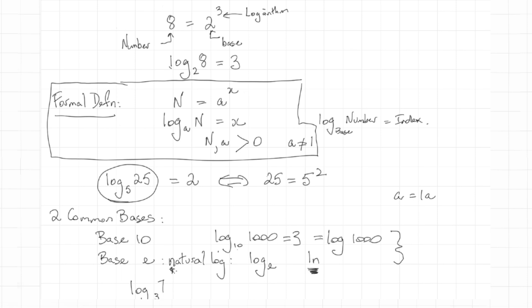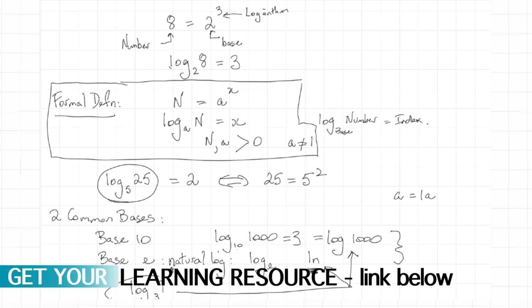Well, you know 3 to the power of 1 is 3, 3 to the power of 2 is 9. So it's going to be 1 point something. We are going to learn some rules soon that will allow us to either use log to base 10 or natural log to be able to work this out. But that's for future reference.